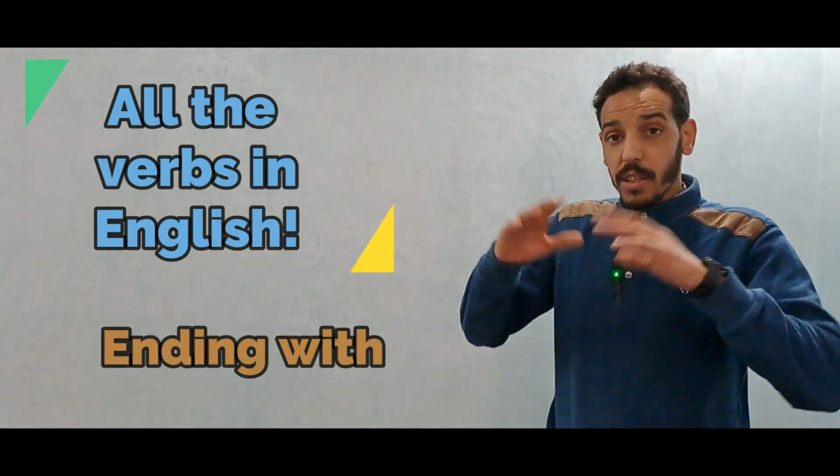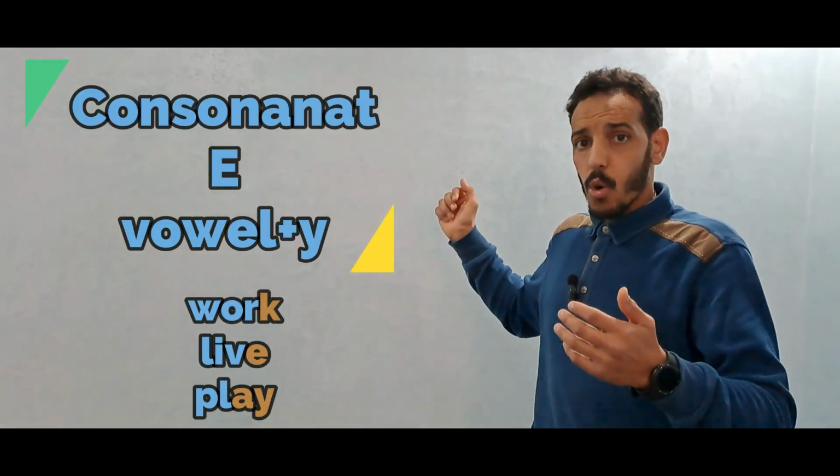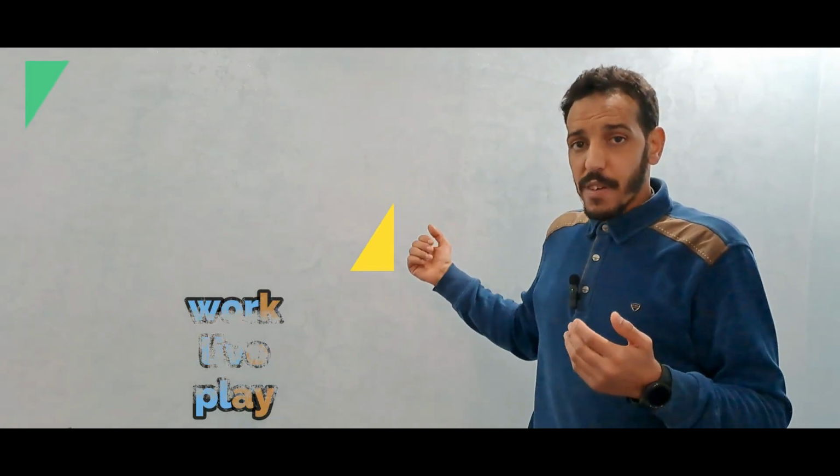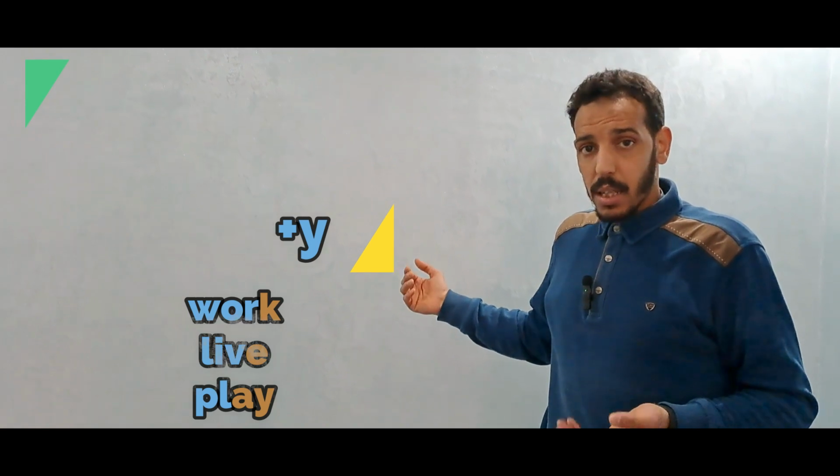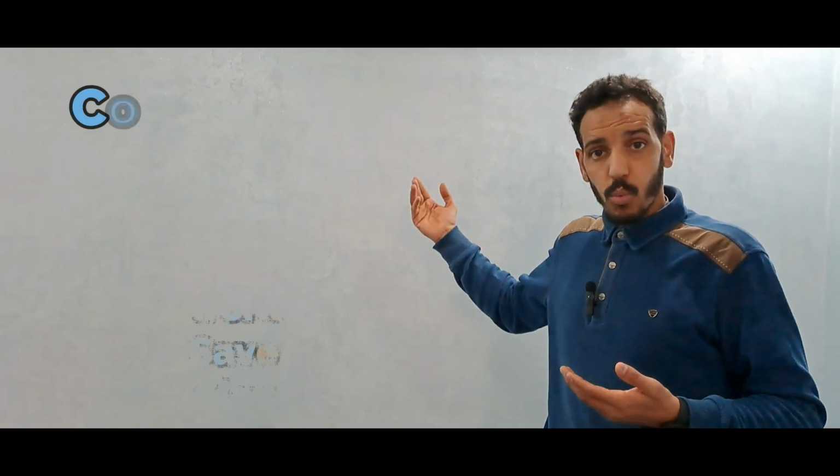So, when do we use S? What are the verbs which take S? What are the verbs which take ES? And what are the verbs which take IES? It's very easy. All the verbs in English which end with a consonant, E, or vowel plus Y. I repeat, consonant, E, or vowel plus Y. Example of a consonant, like work.